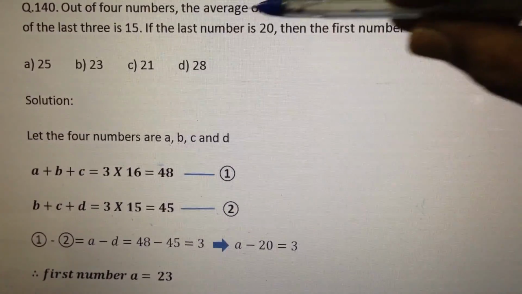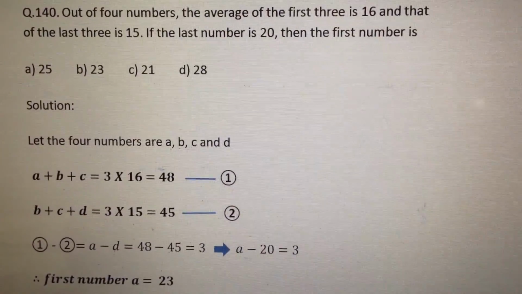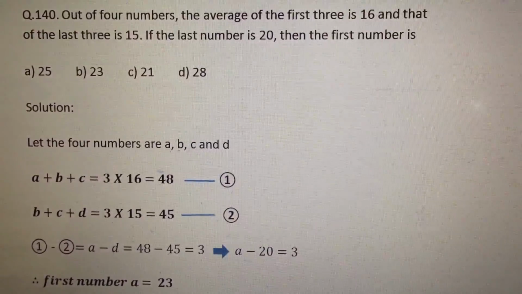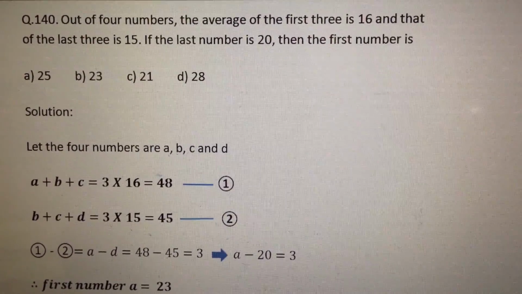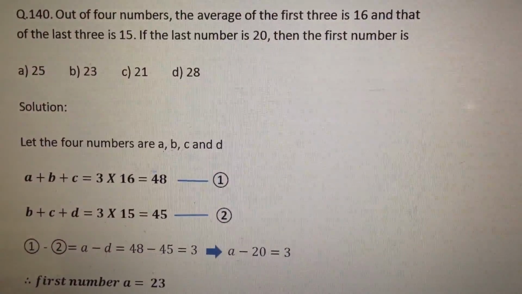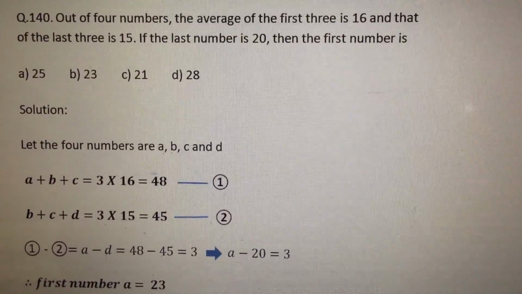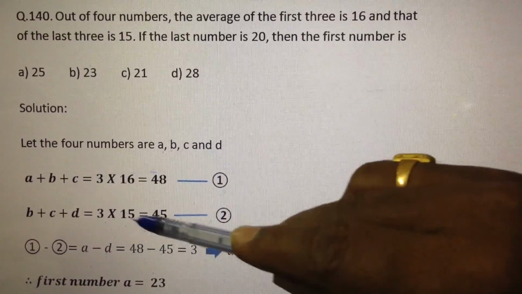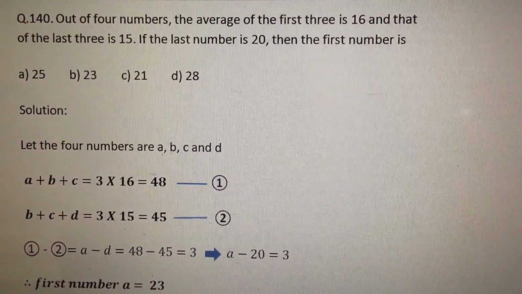That means the total of first 3 numbers is 3 into 16, 48. Therefore, A plus B plus C is equal to 48. This is equation number 1. And it is also given that the average of last 3 numbers is 15. So the total of last 3 numbers is 45, 3 into 15. Therefore, B plus C plus D is equal to 45. Let us take it as equation number 2.